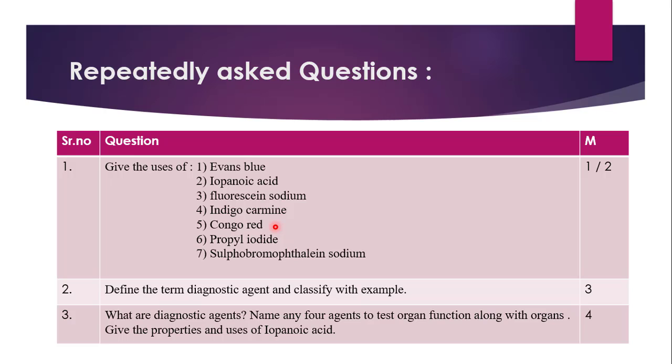And sulfobromophthalate sodium they have asked, which is used for testing the functional capacity of the liver. So, amongst these three, kidney, liver function and miscellaneous agent, only iopanoic acid and propyl iodide are radio opaque contrast agents. Others are all compounds used to test the functional capacity of the organ.